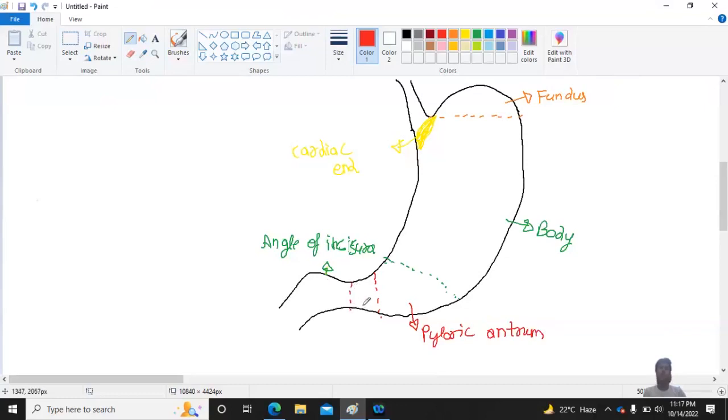Then this is the pyloric canal, and the last, this region, is called the pylorus.